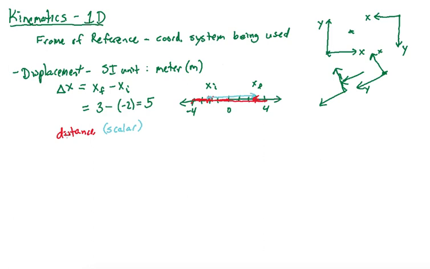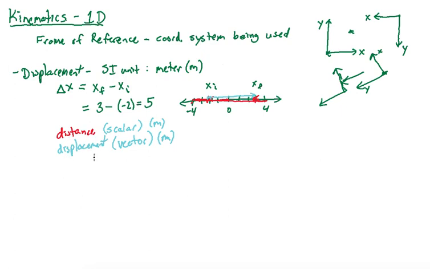But displacement, which is how far you are from where you started to where you ended, is a vector. So they're very similar. They are both measured in meters, but one is a scalar and the other is a vector. And so that makes for some pretty big differences between them, and you have to be careful.